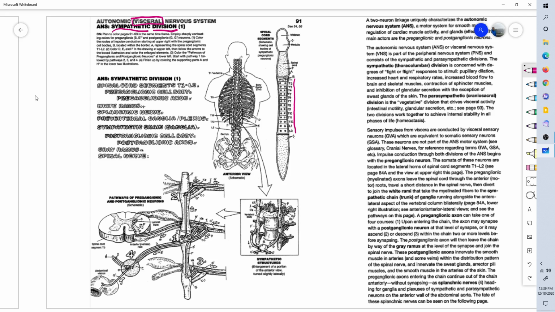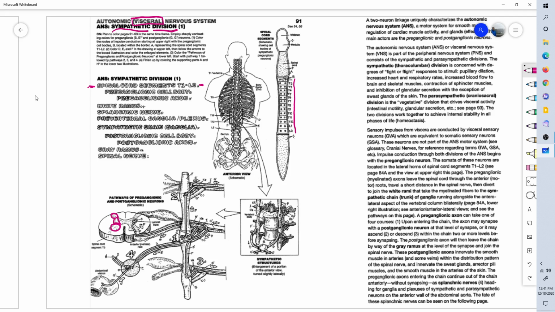And you can see down here, not from the dorsal horn, that's for sensory information, not the anterior horn, that's for motor information, but what is called the lateral horn of the gray matter of the spinal cord. So here we see spinal cord segments T1 to L2.